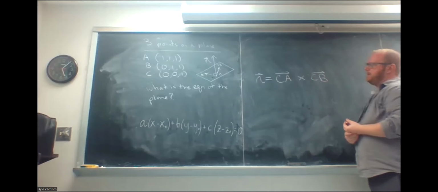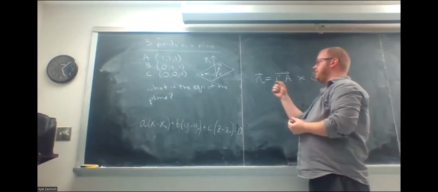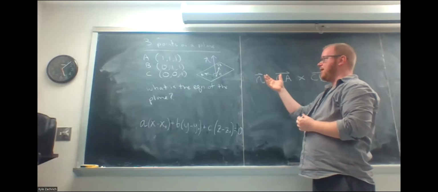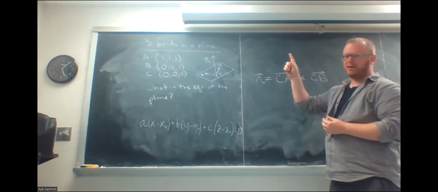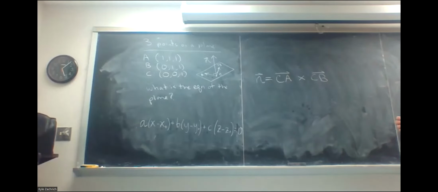The reason why is the cross product makes a perpendicular vector. It's perpendicular to both of them.